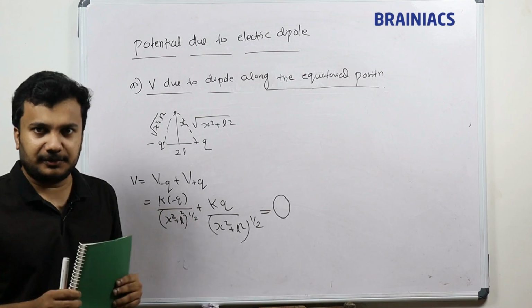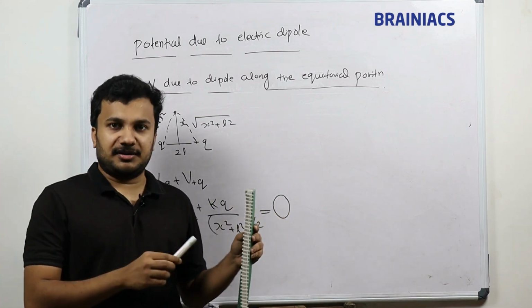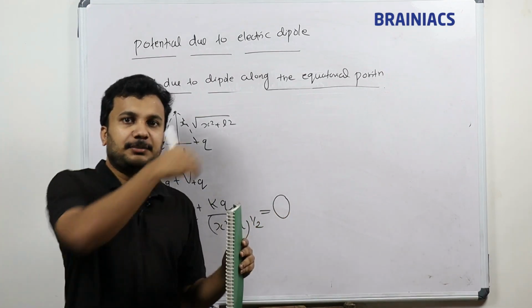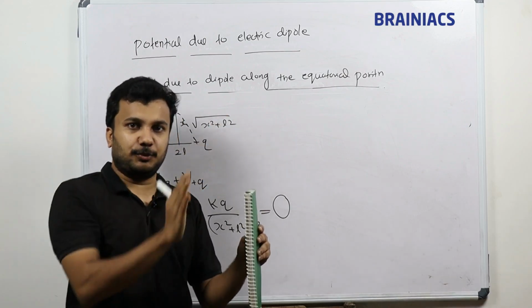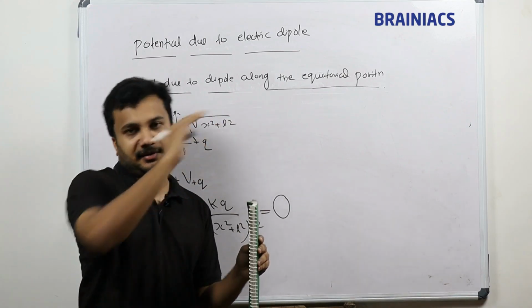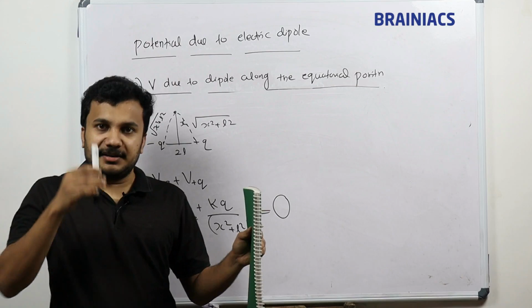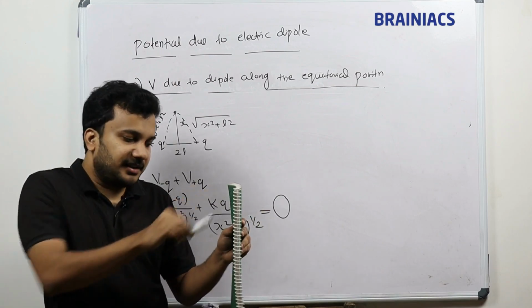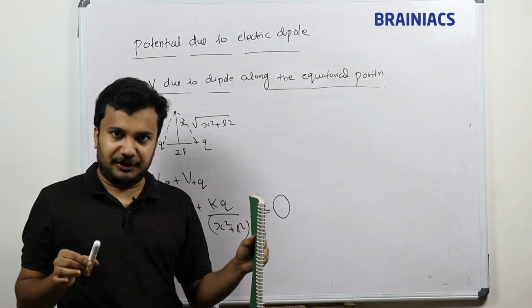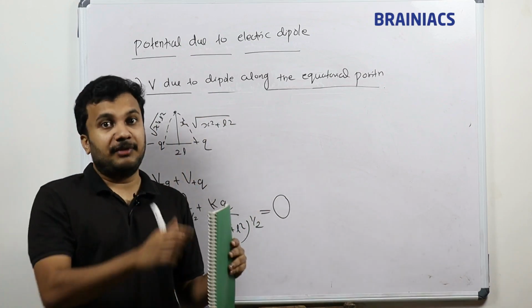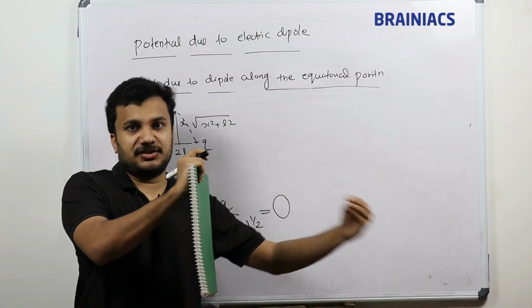So in short, if you keep a minus q charge and a plus q charge on either side of this book, here and here, the distance from this charge to any point will have a value, and the same distance value will be there for the other charge also, right?